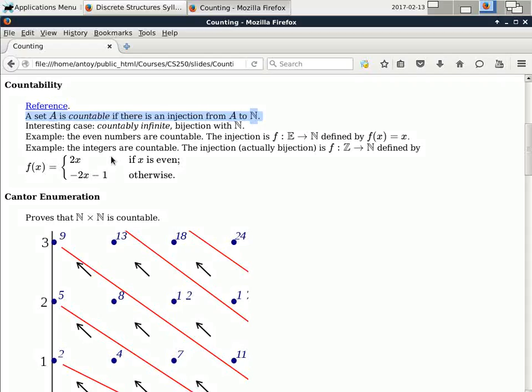So now, a difficult problem. Suppose that I have N cross N. What are the elements here? (0,0), (0,1), (0,2), (1,0), (1,1), (1,2), (2,0), (2,1), (2,2).